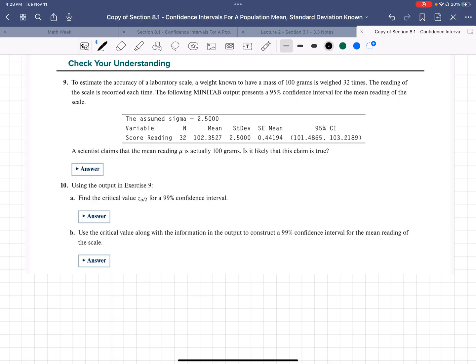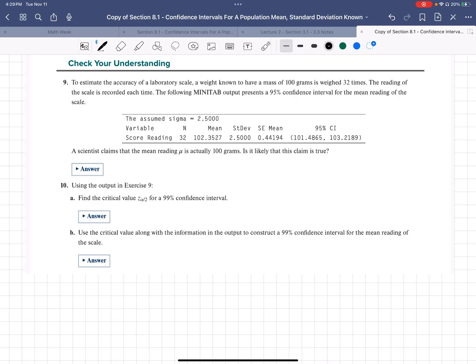So what I'm going to do is I need to look. We have a 95% confidence interval. Do I have a margin of error? Did it give me a margin of error? So let's look. We have 95%. Oh, we have one right there. It shows us that.